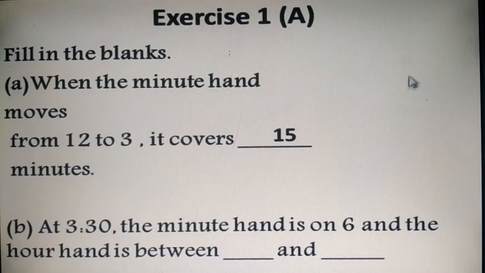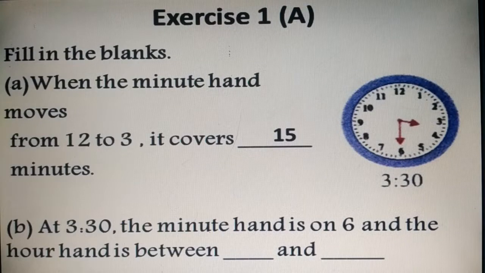At 3:30, जब टाइम होता है 3:30, मिनट हैंड 6 पर होता है एंड द आवर हैंड इज बिटवीन डैश एंड डैश. कौन से 2 नंबर्स के बीच में होता है? Let's take example. In this clock, the hour hand is in between 3 and 4 and the minute hand is at 6. So 3:30 में minute hand 6 पर होता है. hour hand कौन से 2 नंबर के बीच में होता है? 3 and 4.